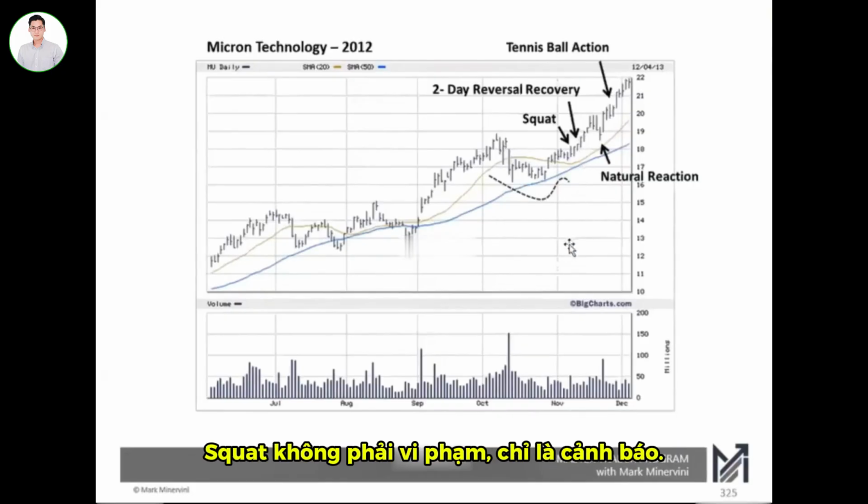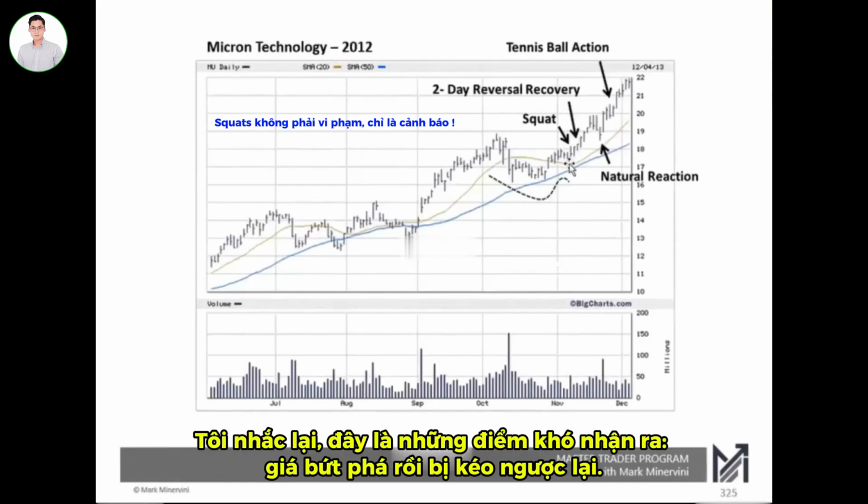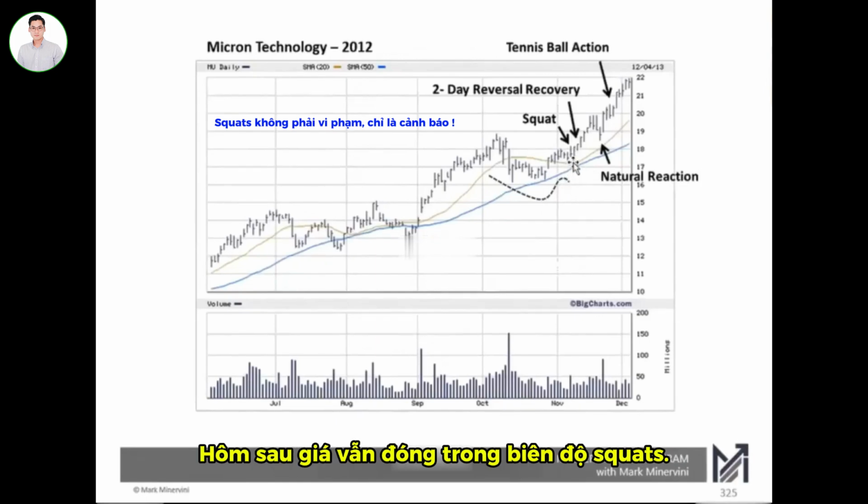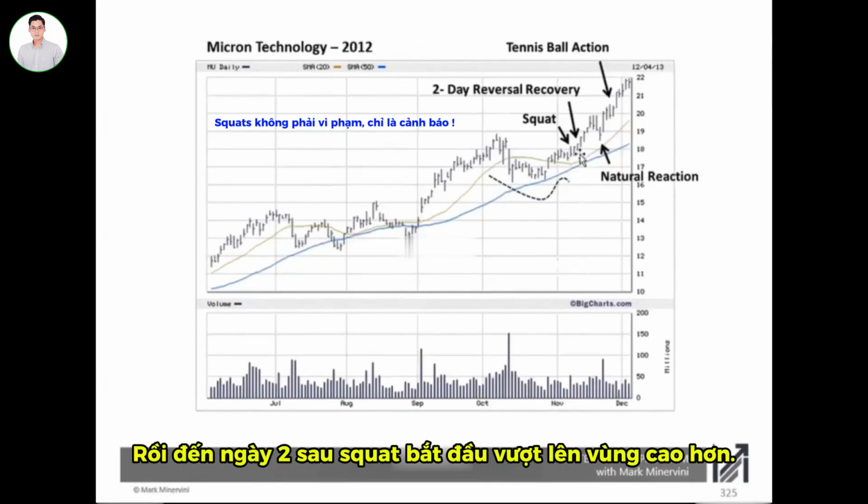So a squat's not a violation. It's just sort of an orange flag, or even maybe a red flag, but definitely an orange flag. So in here you can see, and again it's subtle, you come out here, you break out, and actually this was on a little bit of a gap. You gapped out a bit, and then you close almost down by the lows. The next day you trade, but you close inside the range, and then you have your second day of trading subsequent to the squat.